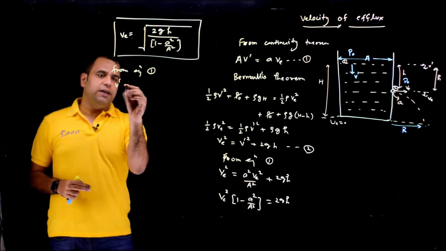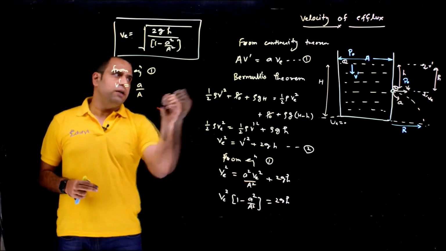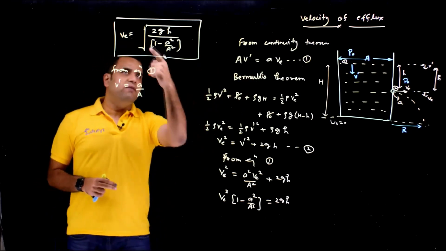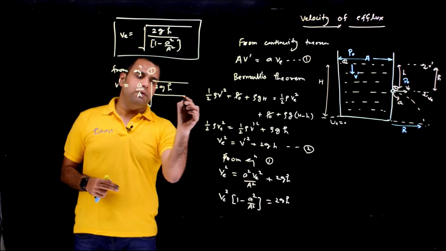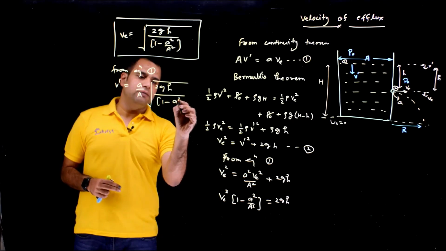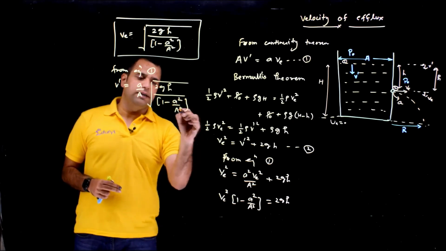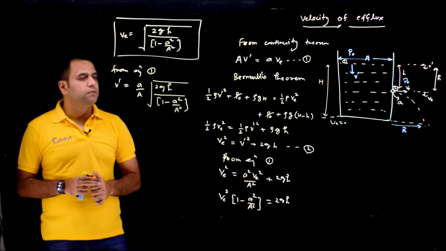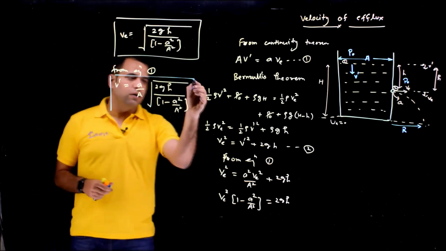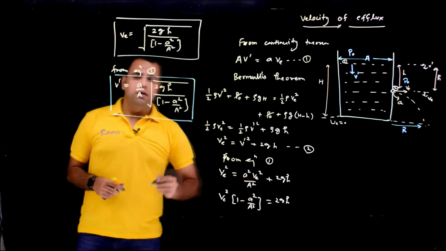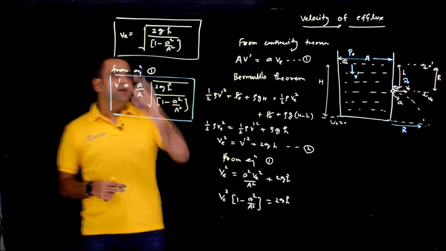We will get V dash equal to small a upon capital A, multiplied with VE, which is the square root of 2gh upon 1 minus small a square upon capital A square. So this will become the value of V dash, and this is the value of VE.